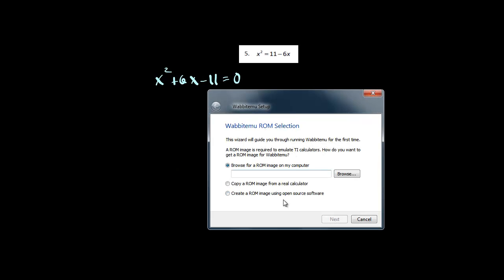Okay, this is another one where you can solve using any method you want. Let's just write it in standard form first. Move the 6x over, move the 11 over, so you have minus 11. For this one over here, I'm going to use the calculator, just to use something different.